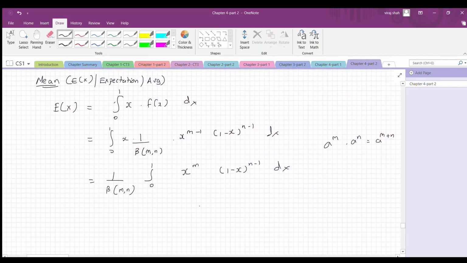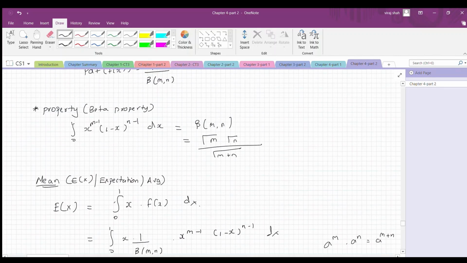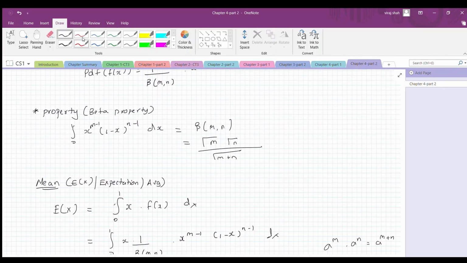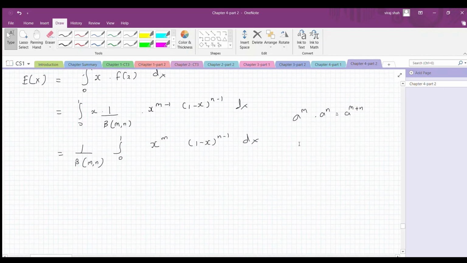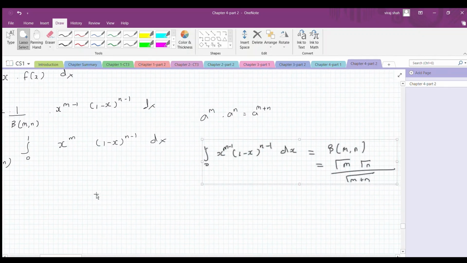Going ahead, let me compare this answer with my beta property. So what does my beta property state? This is my beta property. I'm comparing my beta property here. I want m and n. If you compare this term with this term, they are exactly the same, so my n would be n only.